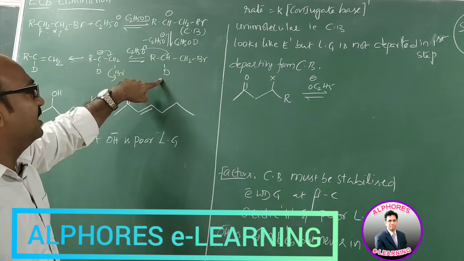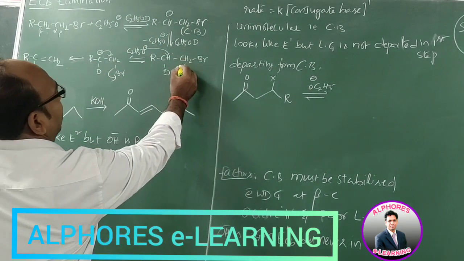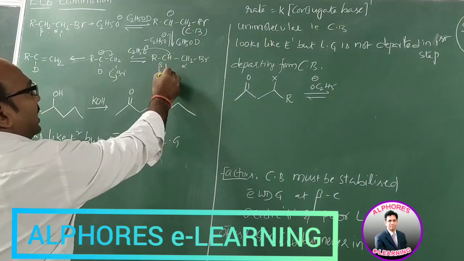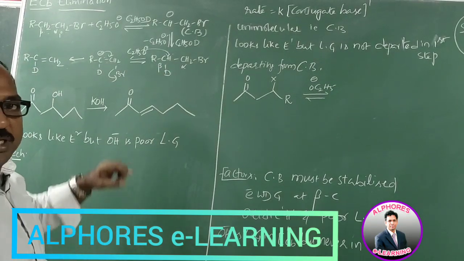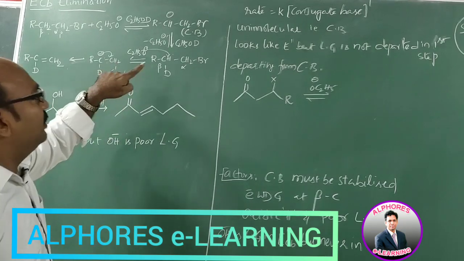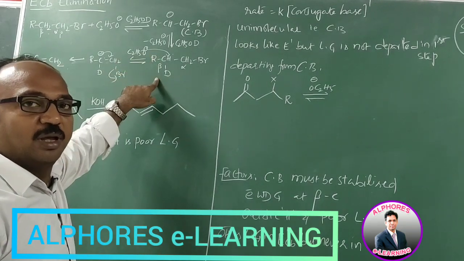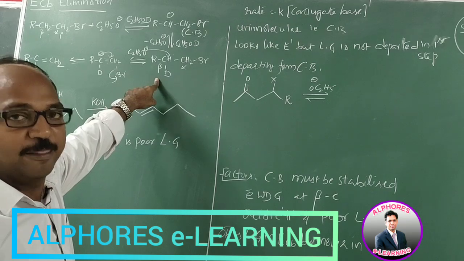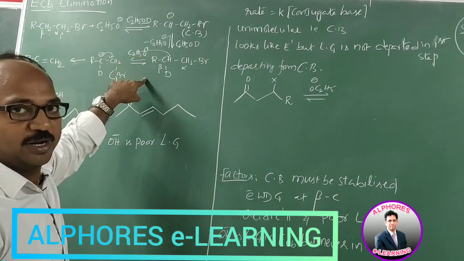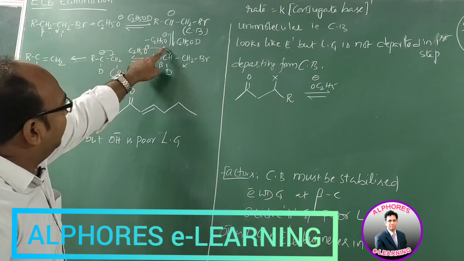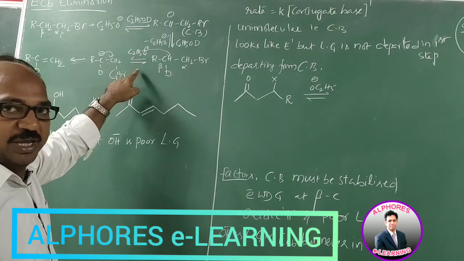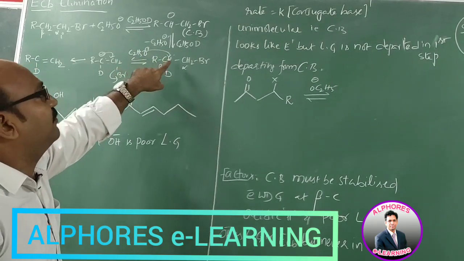Now this beta carbon possesses hydrogen and deuterium both. The C-D bond requires more energy for breaking compared to the C-H bond, right? So when this ethoxide ion again acts as a base, it abstracts a proton from here.